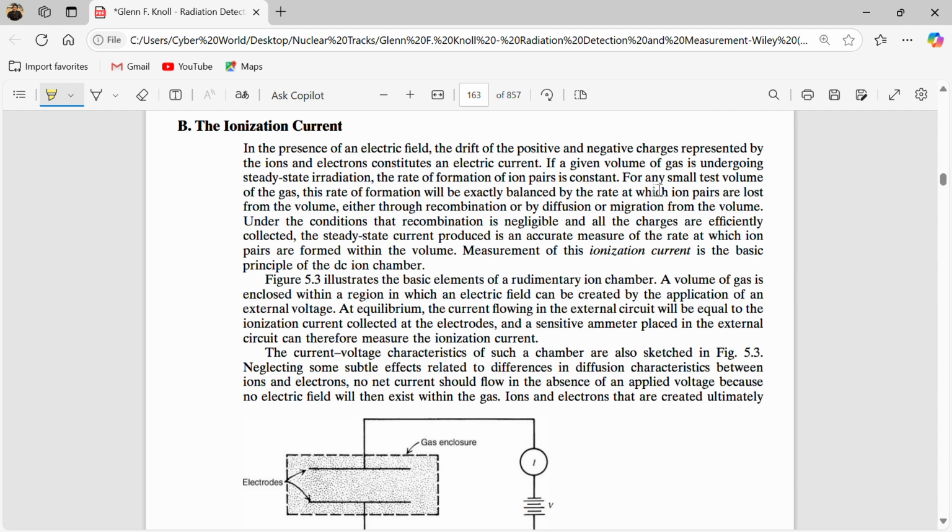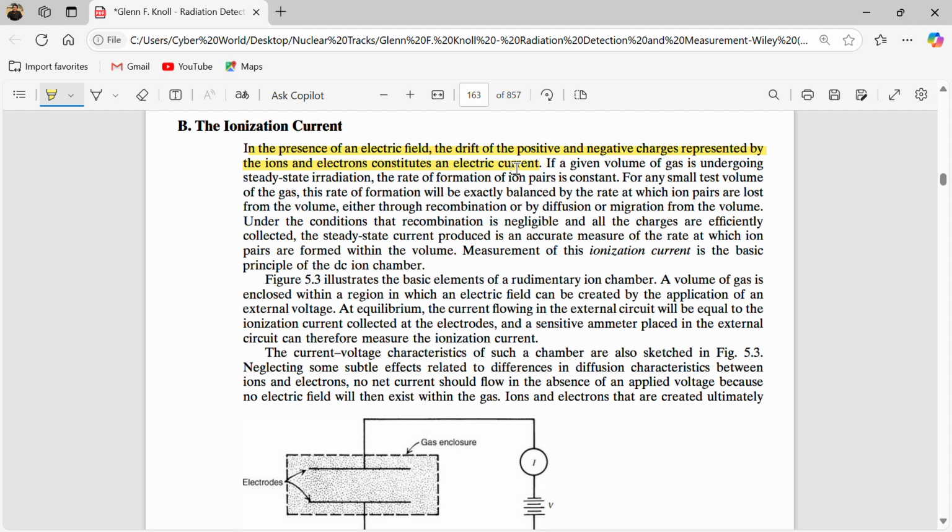So those ion pairs which have drift velocity after the charged particle interacts with the gas inside, and the gas produces the ion pairs, after deflection by the external electric field gain drift velocity, and due to that drift velocity the positive and negative ions constitute an electric current.